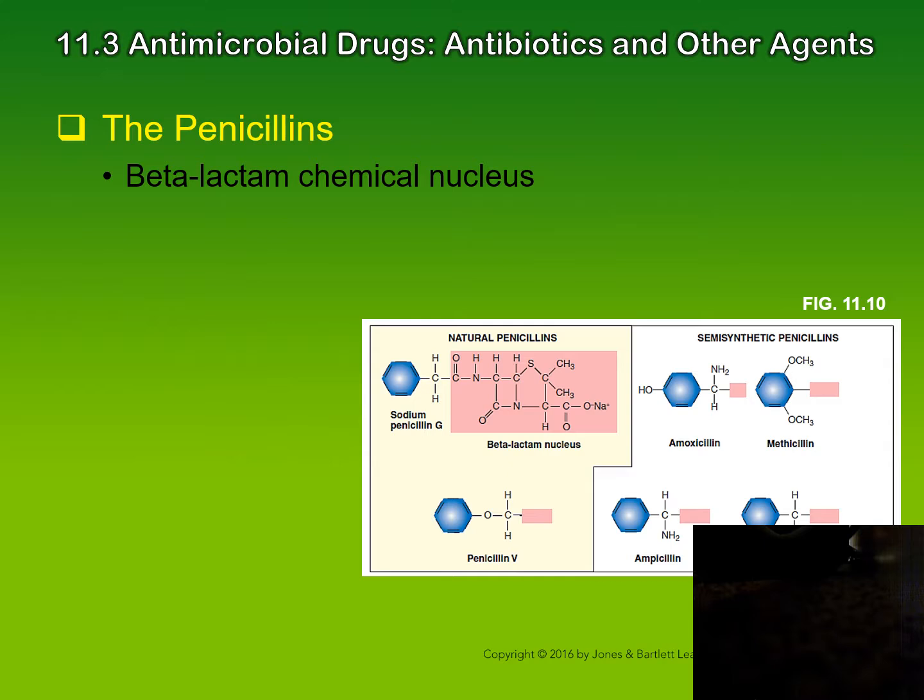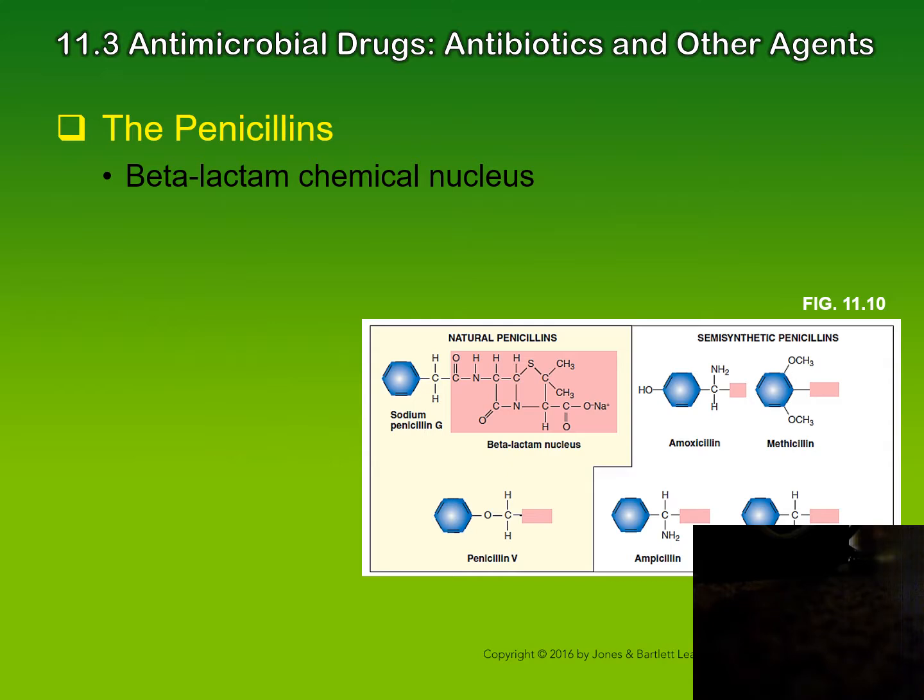Okay, so penicillin is a beta-lactam, and when you look down here at the natural structure, you can see that you have this five-membered ring with a four-membered ring, and that is really the beta-lactam part. That's the core part that does the majority of the killing. And then at the end of that, we can have some sort of derivative.